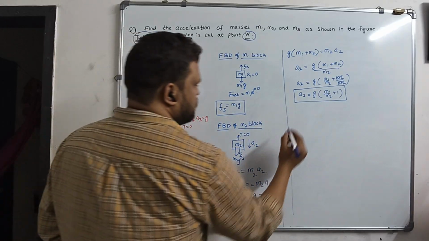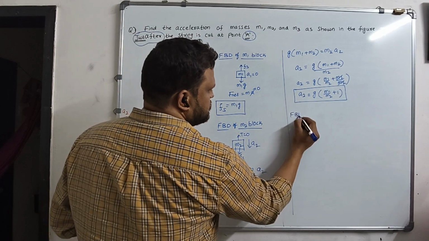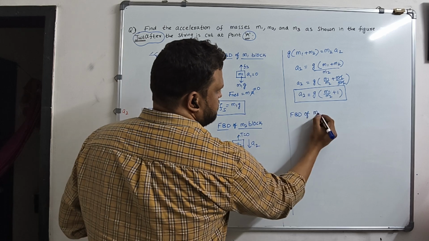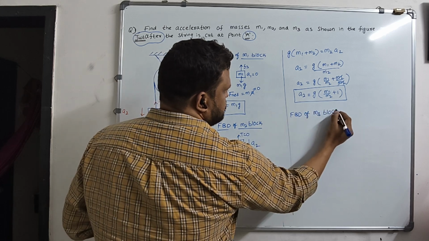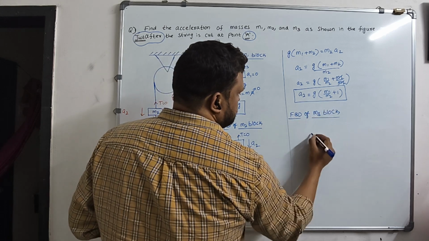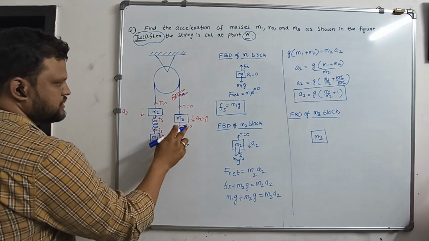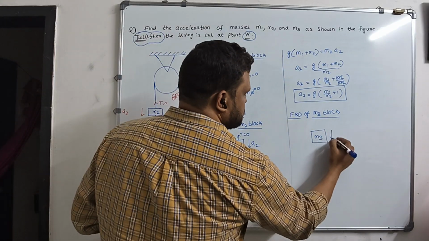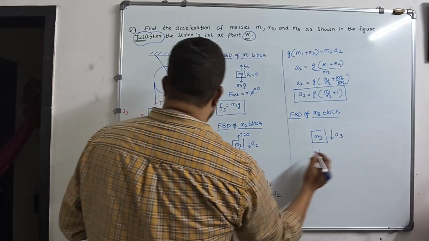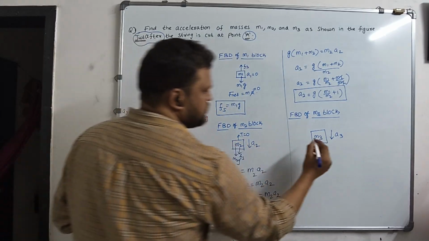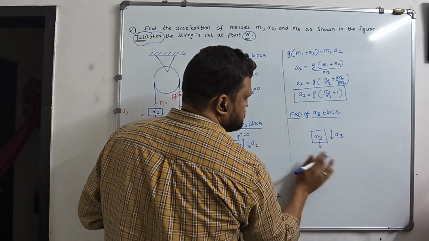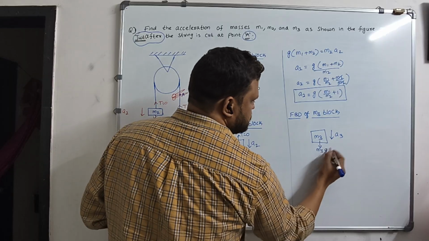Now let us go to the free body diagram of the M3 block. If you take the FBD of the M3 block, the acceleration is downwards, A3, and the tensions above and below are 0. The only force acting here is M3 times g.